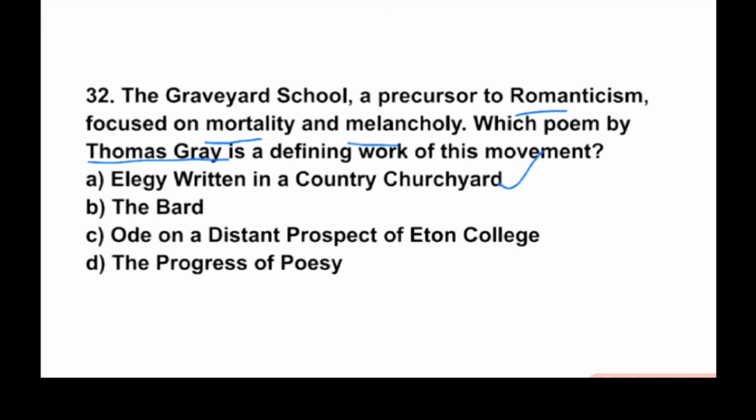Option A, Elegy Written in a Country Churchyard, 1751. Reflects on death and the common man, bridging neoclassicism and romanticism. Next question.